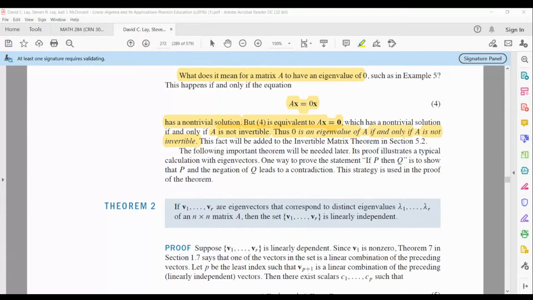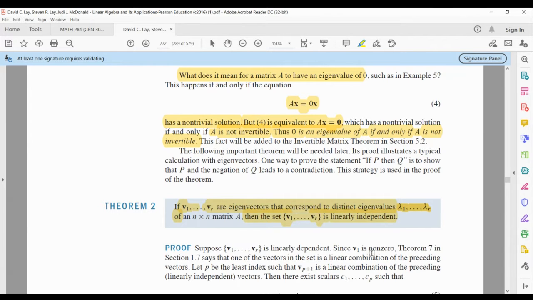All right. Well, let's do a few more useful facts here before I set you off on some classwork. It turns out that if you have different eigenvalues, then the eigenvectors corresponding to those eigenvalues are going to be linearly independent.